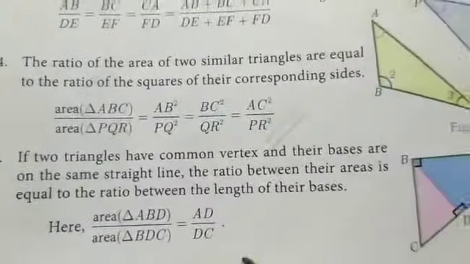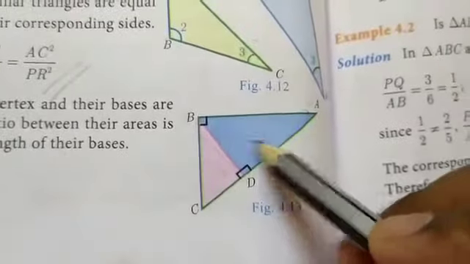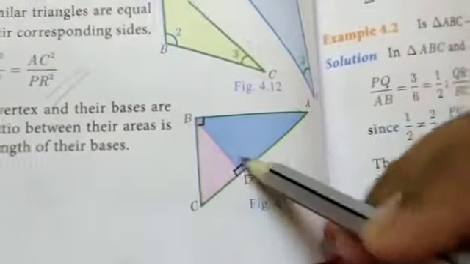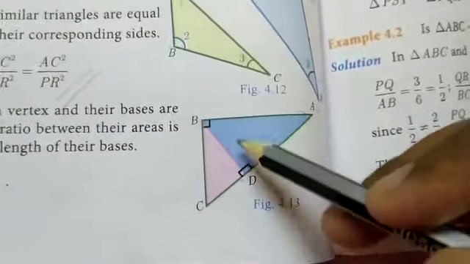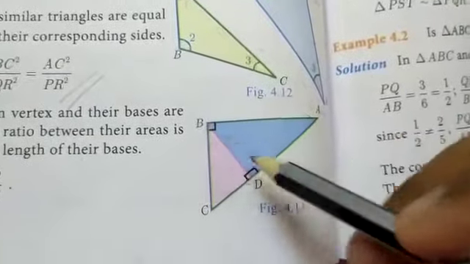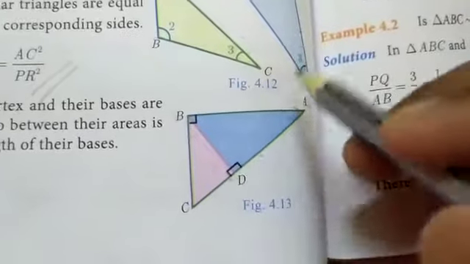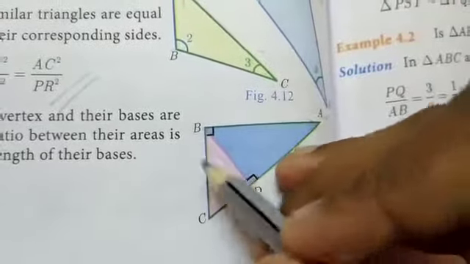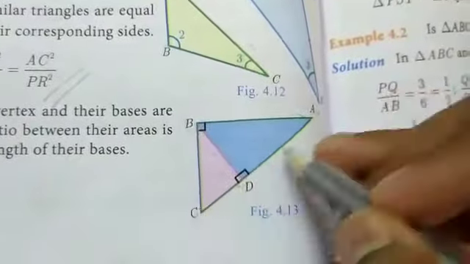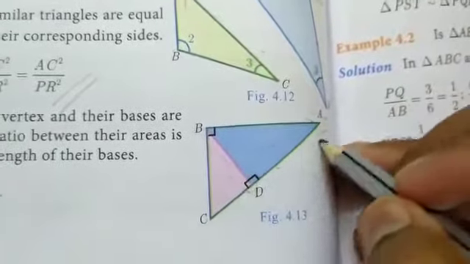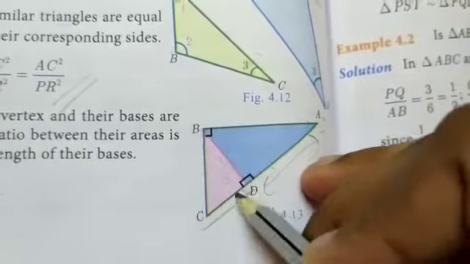That is it. If these two triangles have a common vertex B, then you can say the area of triangle ABD divided by area of BDC equals AD by DC. Okay.